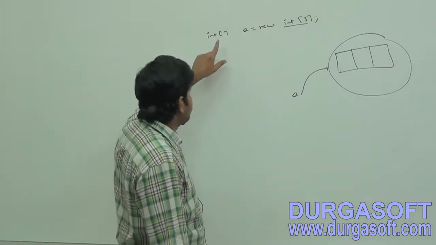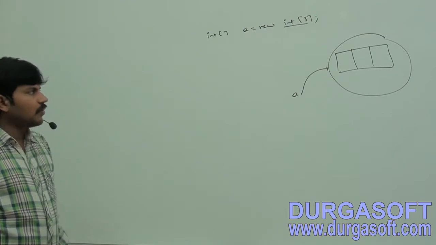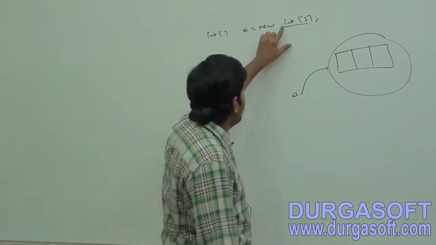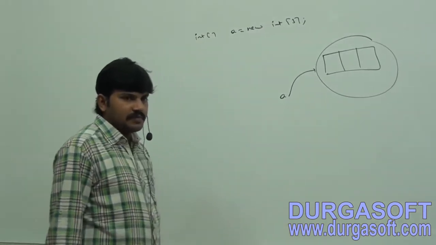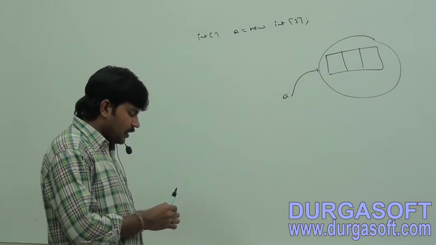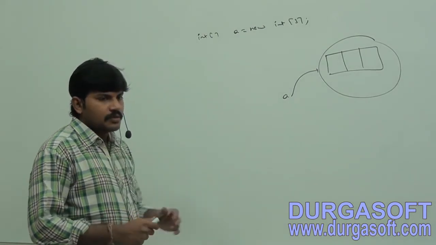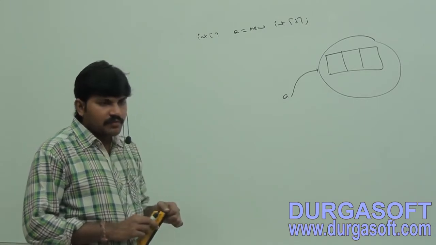Okay, take this one example: int[] a = new int[3]. Take this clearly.